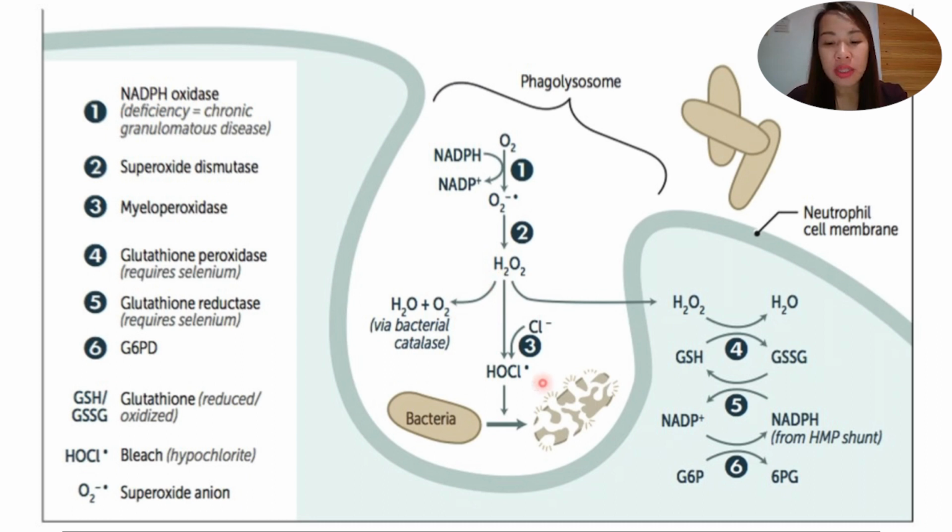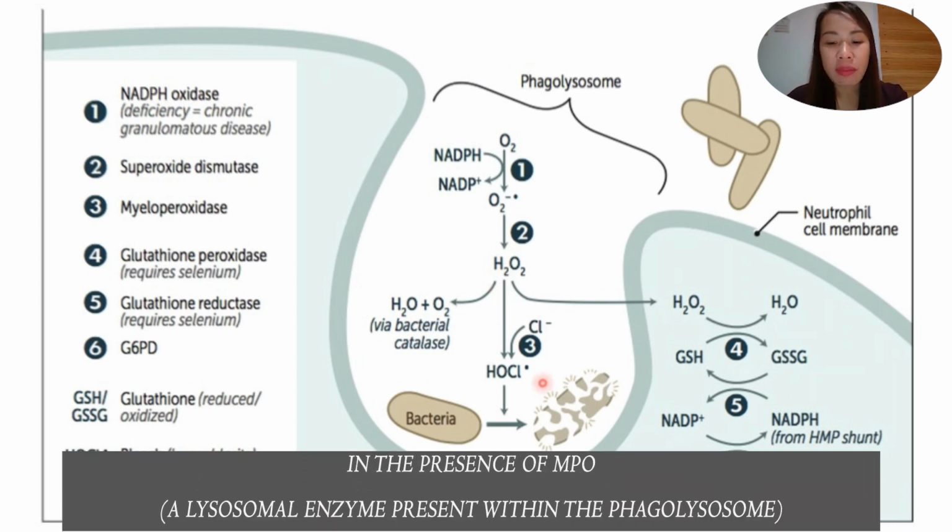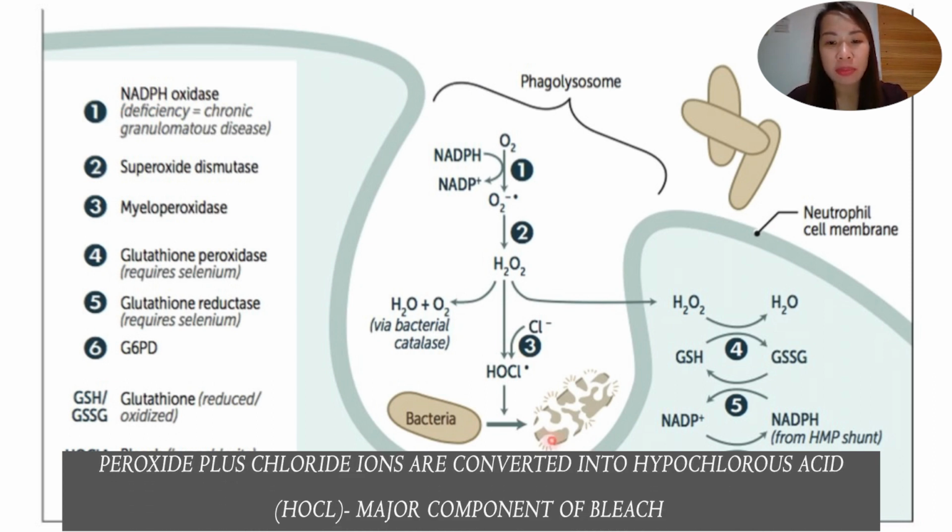So, ang next step dito is, in the presence of myeloperoxidase, number 3, which is a lysosomal enzyme present within the phagolysosome, peroxide plus chloride ions are converted into hypochlorous acid.